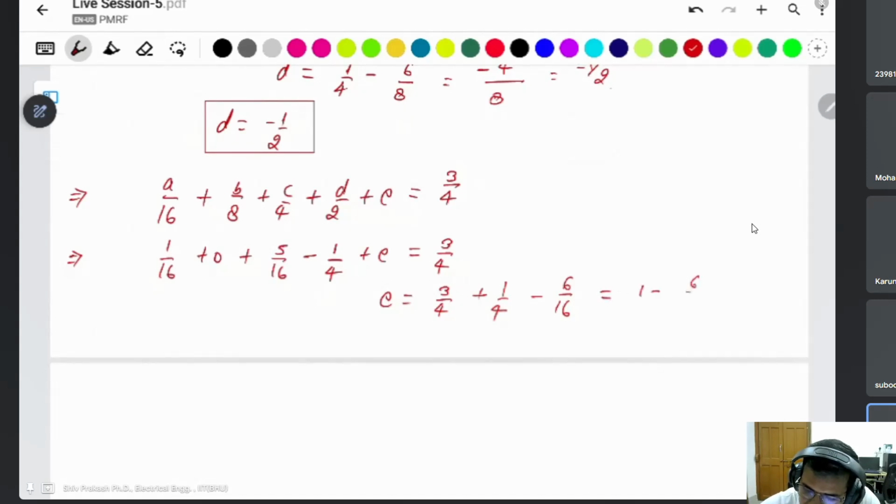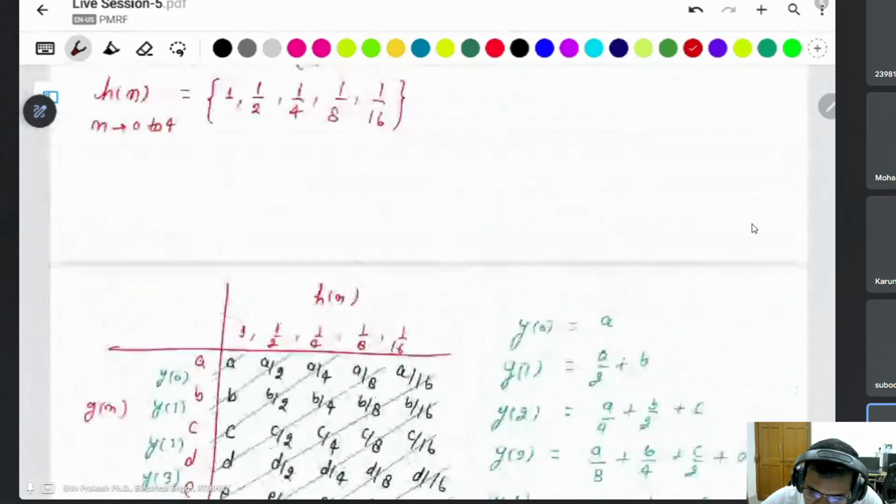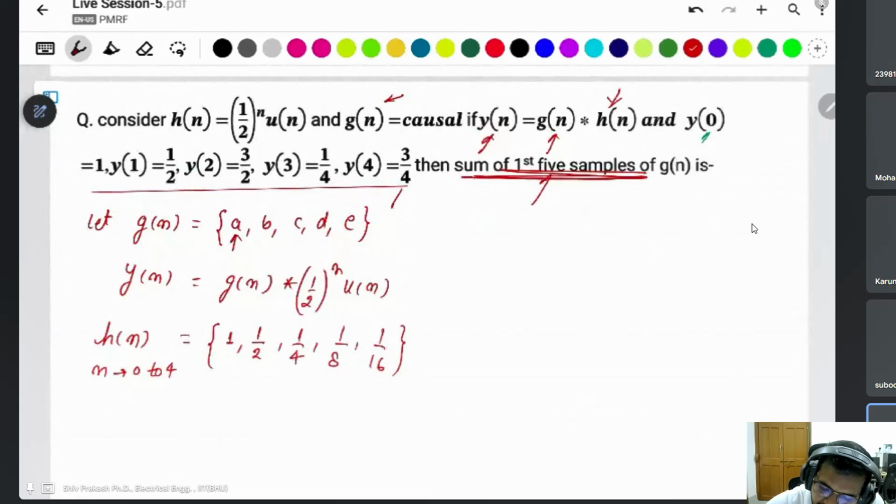1 minus 6 by 16 is 10 by 16. That means E is equal to 5 by 8. Then the question is given as the sum of the first 5 samples of Gn.